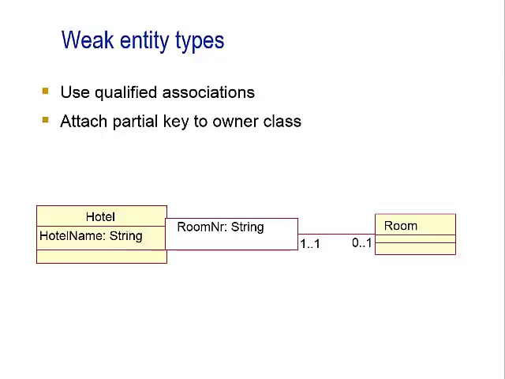So a hotel with a particular room number corresponds to one room. If you select a particular hotel and combine it with a particular room number, which is the qualifier here, then we will get one room. So weak entity types can be perfectly represented using these qualified associations.